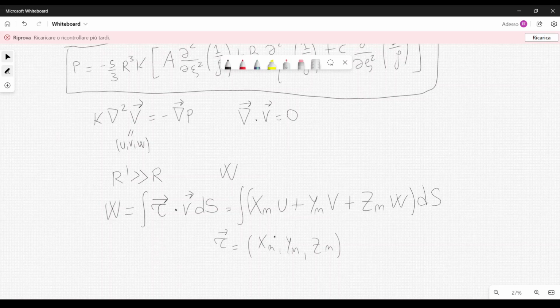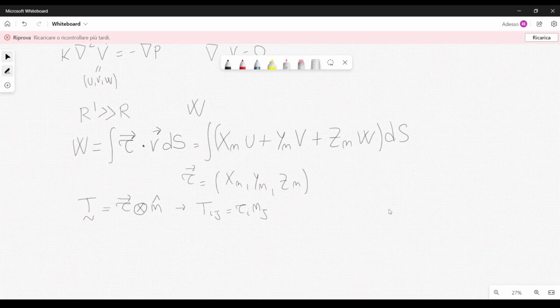Tau contains the components of the stress tensor projected on the normal to the surface. Why is that? Well, because remember the stress tensor was defined as the vector tau tensor product with the unit vector n. So we can also rewrite it by using tensor notation. Tij equal to tau i nj can be written like that.